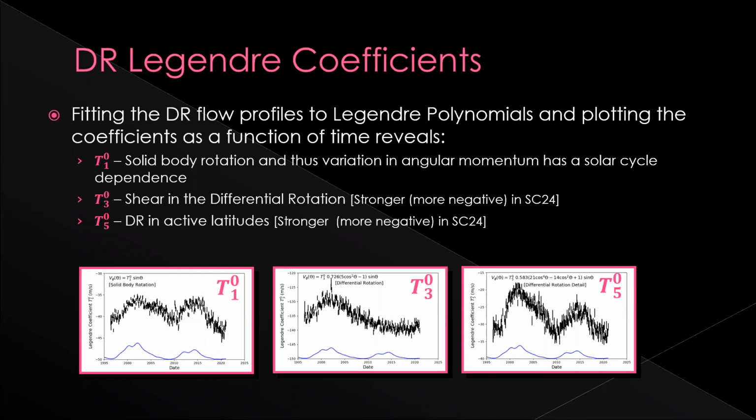The T3 coefficient represents the shear in the differential rotation, and we see that it was much stronger, i.e. more negative, in solar cycle 24 than it was in solar cycle 23. The T5 coefficient, which is essentially reflective of the differential rotation in the active latitudes, was much stronger, more negative, in solar cycle 24 than in solar cycle 23.